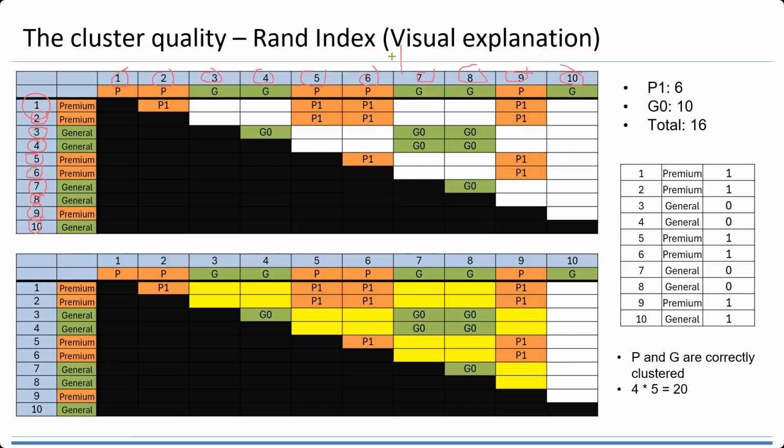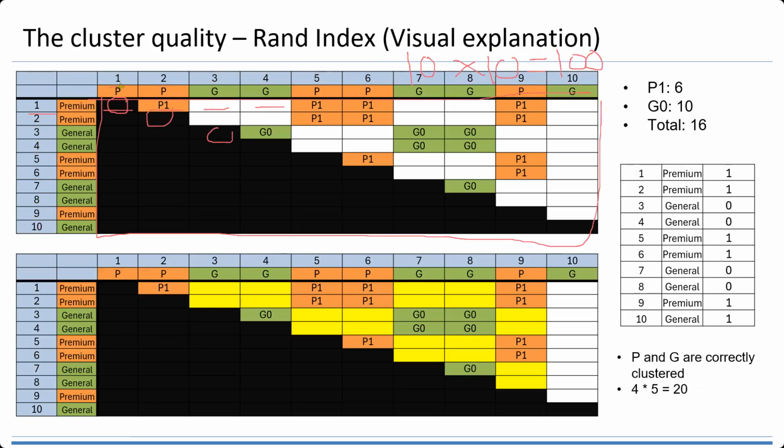So how many total pairs do we have? If you look at this combination, there are 10 multiplied by 10. So the total here, there are 100 cells of this one, but we do not consider this one.